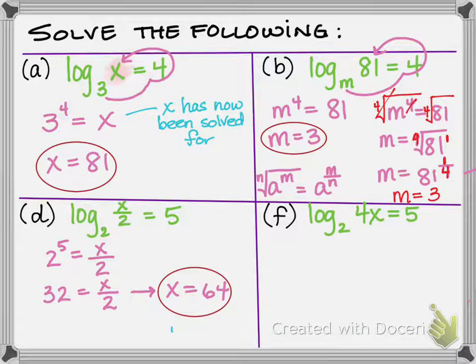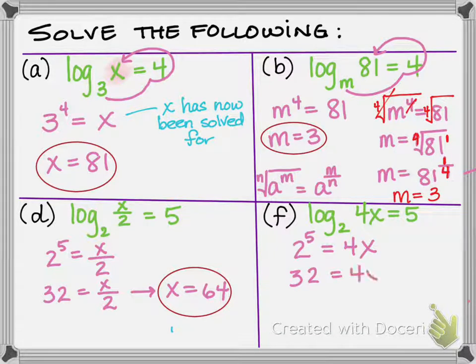So let's try this other one. Our subscript is our base, so we start with 2. The power is a 5, so we're wrapping around, right? You're still doing that. And 2 to the 5 equals what? The expression after the log. 2 to the 5th is 32.